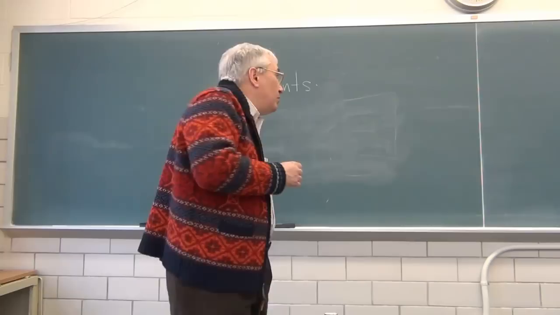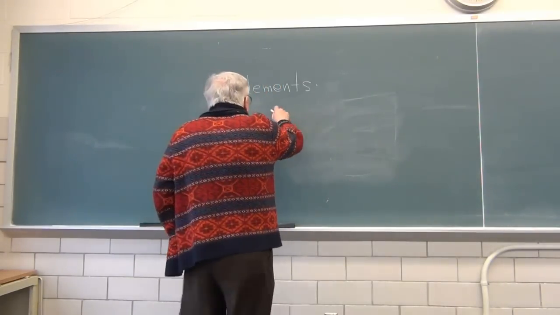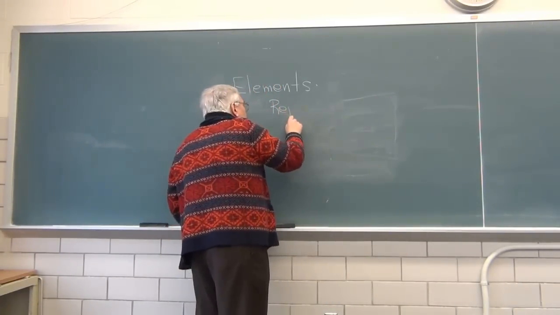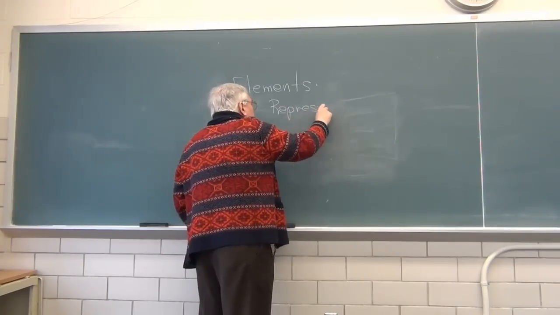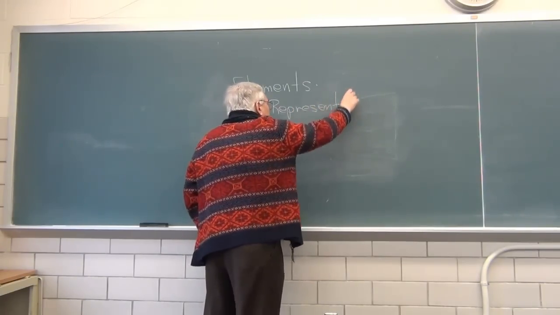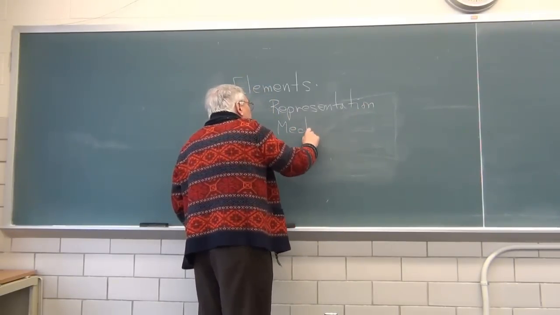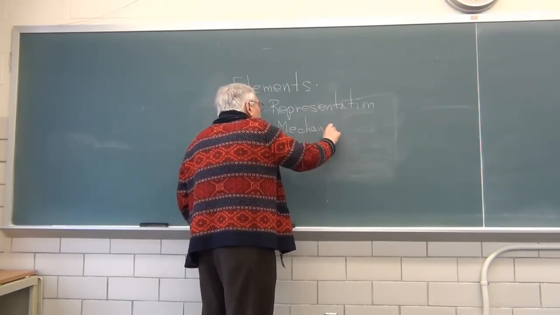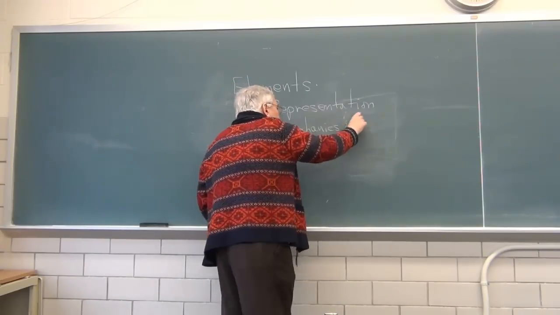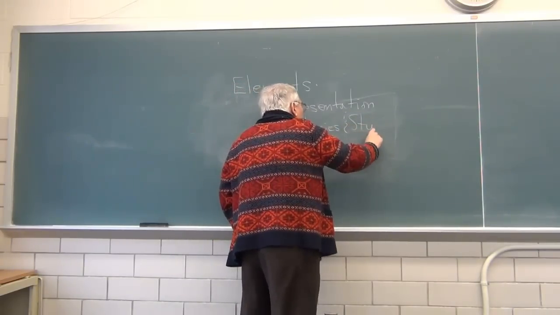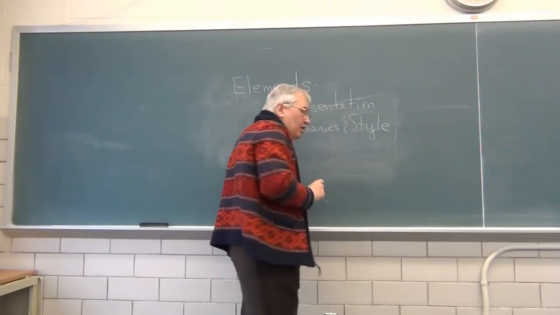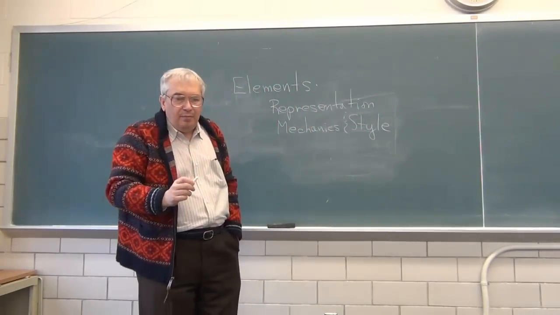And what are the elements of a game? Well, there's representation. There are mechanics and style, and these are very overlapping but not quite the same.